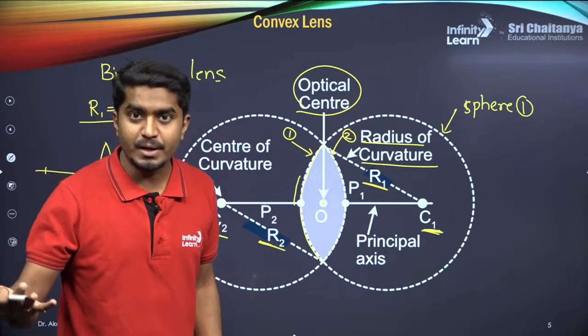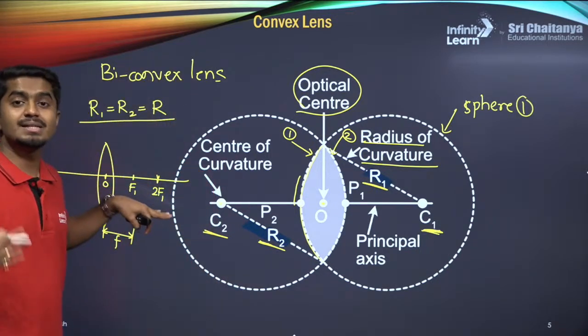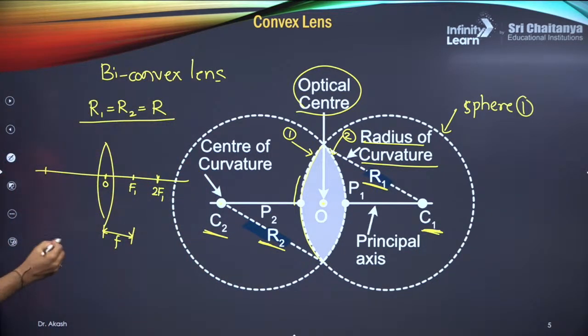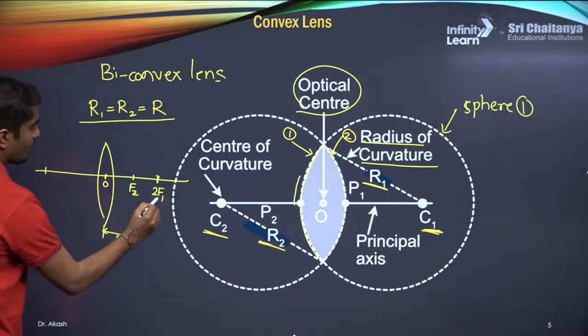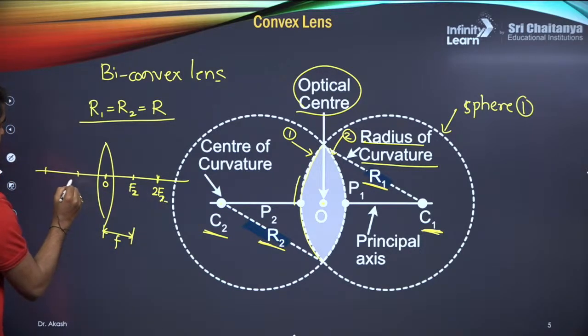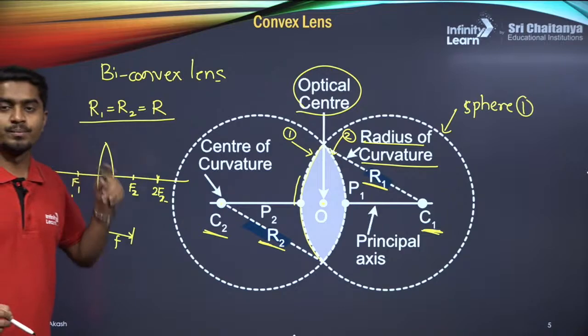C1 might be some different point and 2F1 might be some different point. Okay, sorry, we are going to call this F2. Here we have F1 and 2F1. So we are going to use this terminology. There is 2F1, F1, optical center, F2, 2F2.